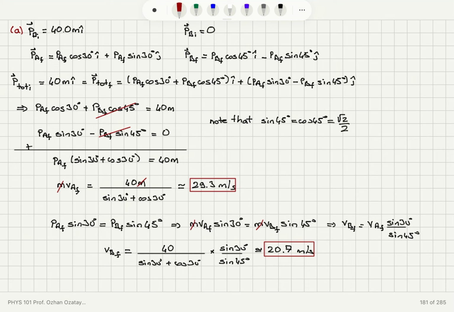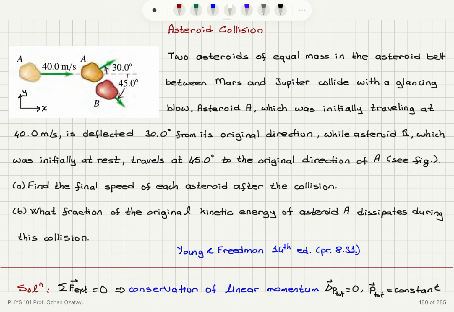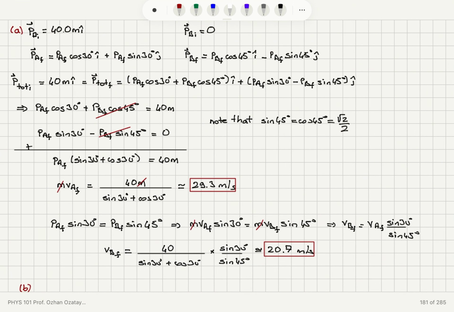So let's move on to part B of the problem. Part B is asking what fraction of the original kinetic energy of asteroid A dissipates during this collision. Well, what is the original kinetic energy of asteroid A? It is 1/2 its mass m times its speed 40 squared.